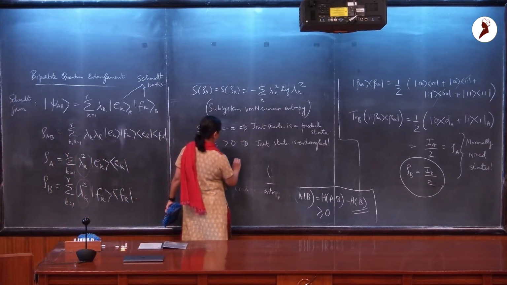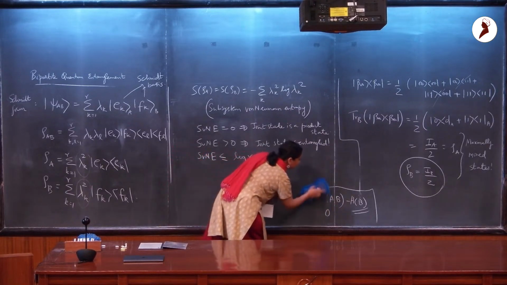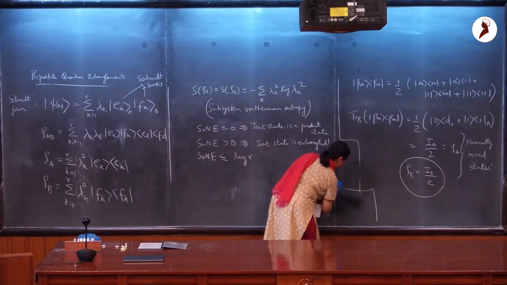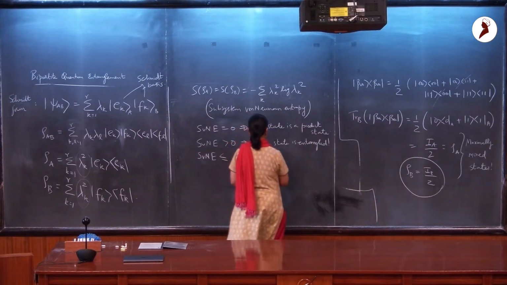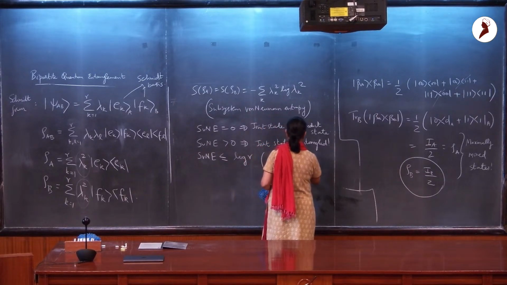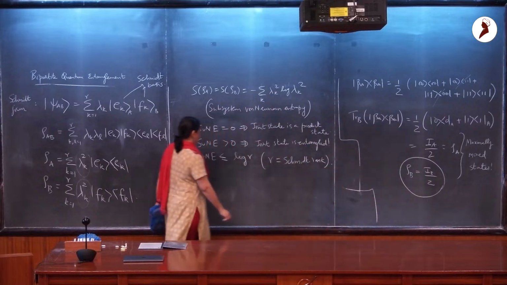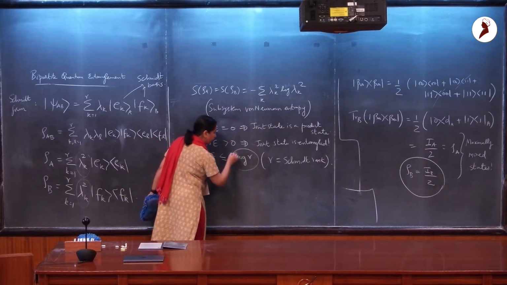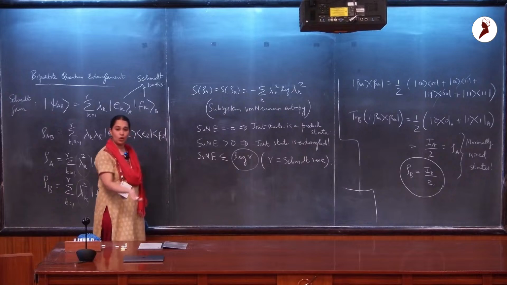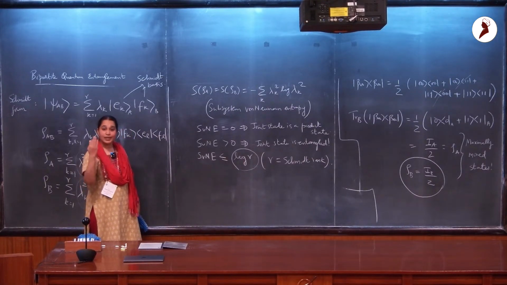Remember yesterday we called R the Schmidt rank of the state. R is the number of non-zero Schmidt coefficients. And when your subsystem von Neumann entropy is indeed equal to log R, that is when you would say that the state is maximally entangled.